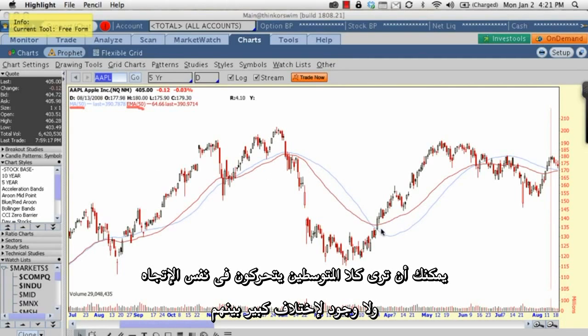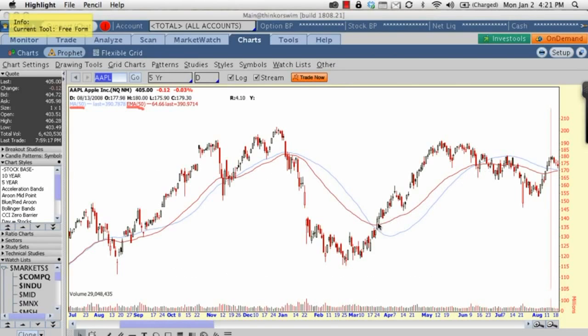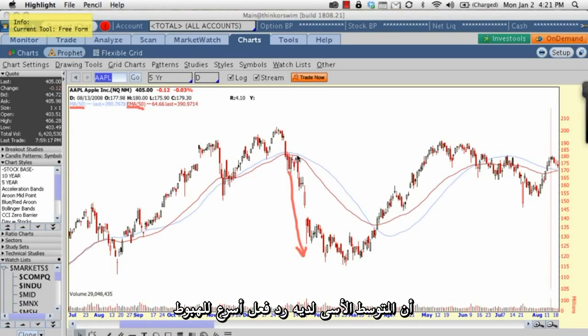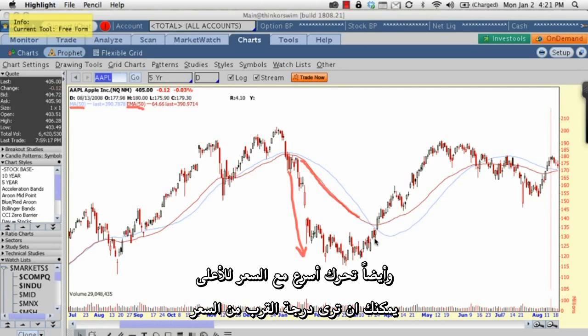There's not too much divergence between them, but notice how when the market moves down dramatically back in January of 2008 and 2009, the exponential moving average had a quicker reaction to the market moving lower and also had a quicker reaction to the market moving higher. You can see how it just mirrors the market a little bit closer.